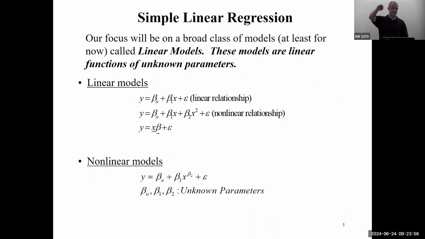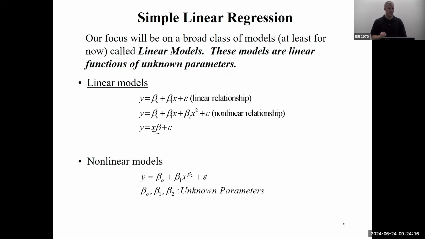Not everybody lies on that straight line relationship between x and y. So that error term allows for random variation around what's expected based on the fitted regression model, the expected straight line, okay? But that's a linear model that defines a linear relationship between x and y.